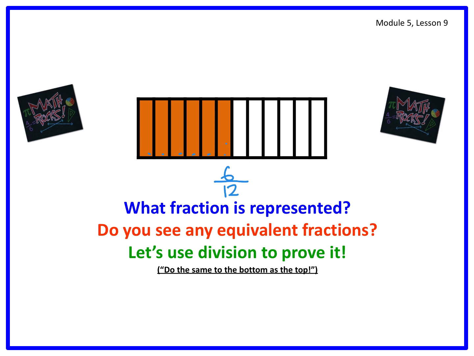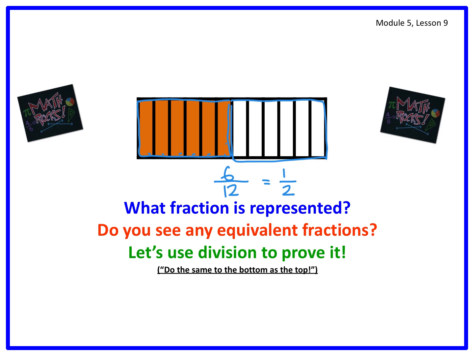So what we're going to do is we're going to use division to prove which is which. So if I were to take this and instead of having it divided into 12ths, I divided it into 2 instead, how much of that is shaded? If I do it into 2 equal parts, well, I've got 1 of the 2 shaded.